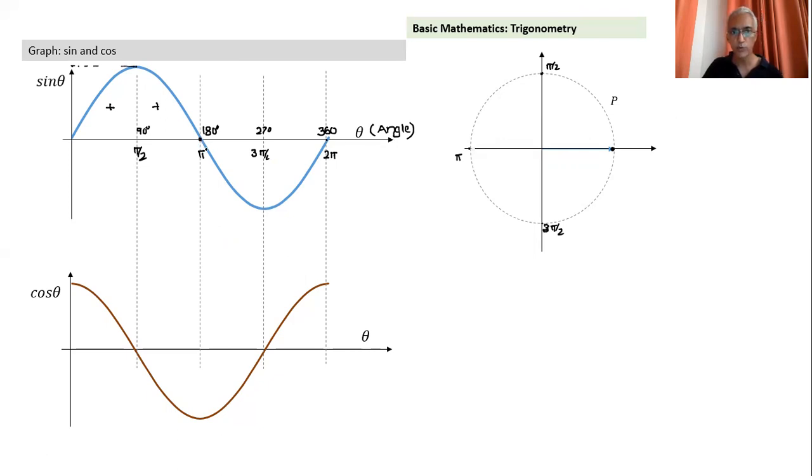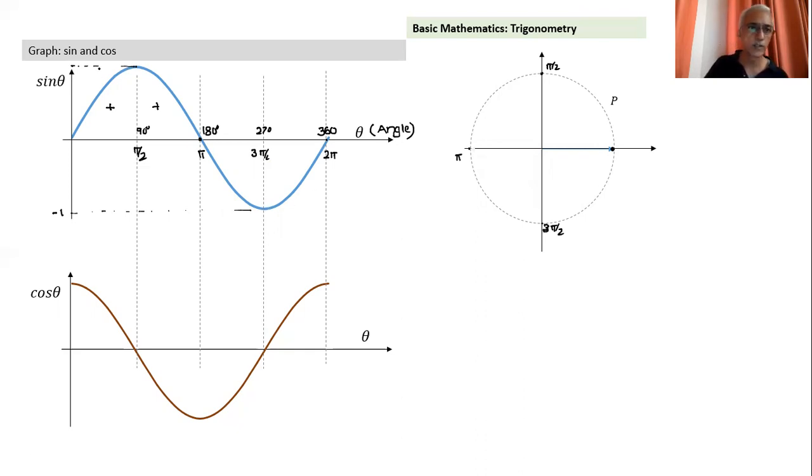From 0 it turns negative, and when the angle reaches 270 degrees, it has become -1. So if I mark this point here, this particular point will be equal to -1. And as it moves from this point to this, we can again visualize how the y coordinate is changing, or how the distance from the x-axis is changing. It is changing from -1 gradually to 0. This corresponds to the fourth quadrant.